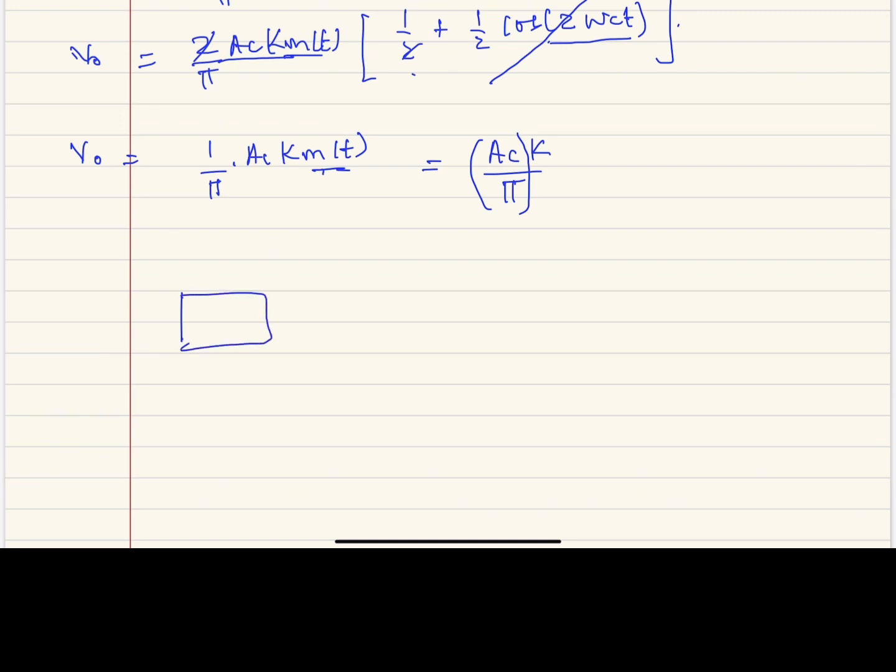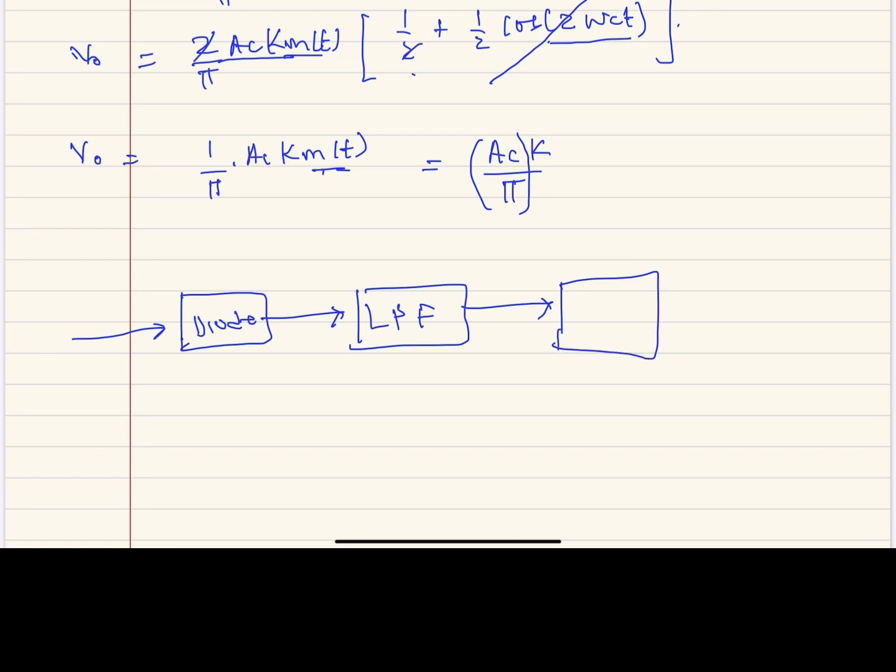After passing it through the diode and then through the low pass filter, you pass it through a multiplier, and that multiplier will have a gain of pi over A_C in order to get your desired output m(t).